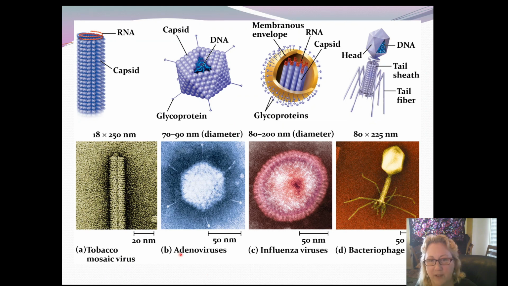Adenoviruses can infect humans. These are often used in genetic engineering because they cause very mild illnesses in humans, mild respiratory illnesses and cold-like symptoms, but they have a DNA genome and you can insert genes of your choice into them and infect people with them experimentally.